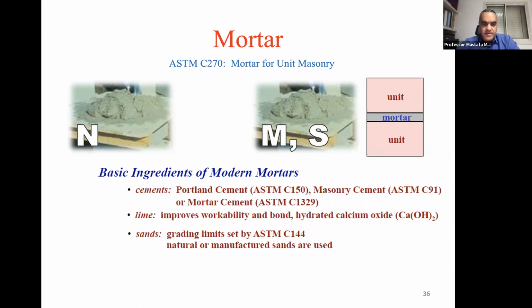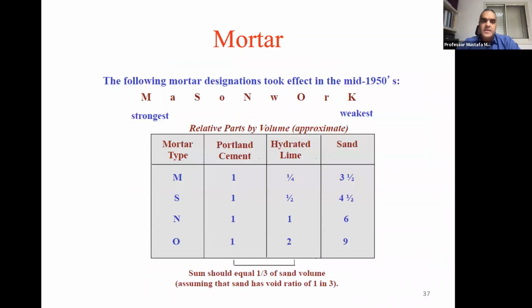So here you have different ASTM standards for the components that are used in the mortar, and here you have the proportions of the ingredients that are used for each type of mortar.